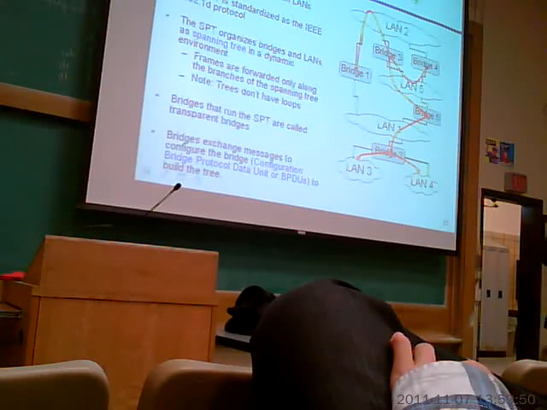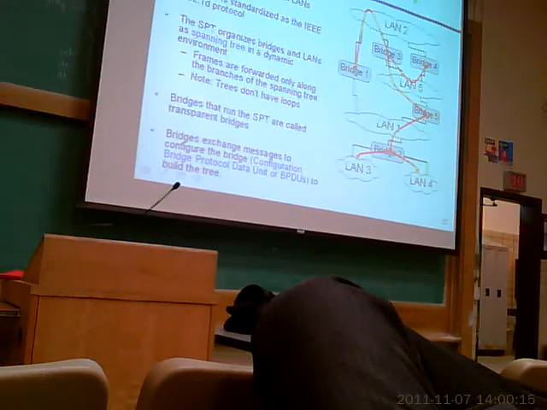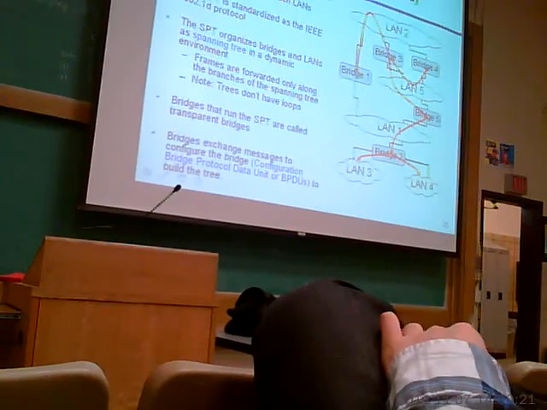A tree does not have loops. So if you're setting up a tree like this and you only forward traffic along the edges of the tree, loops are avoided. The spanning tree algorithm is something very important, not that hard, but you need to think about it a little bit. We'll discuss that tomorrow morning. Is that good? All right. Thank you. See you tomorrow morning.